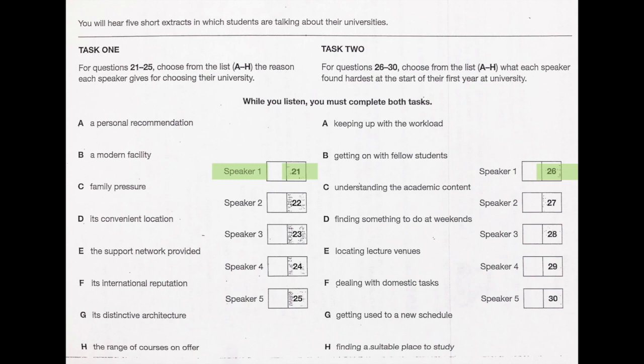And this is question 26. That's why it's called the multiple matching, just because you're doing multiple things at one time. It's a unique task, but you really need to be prepared for this one. You need to know what you're walking into. Otherwise, it can be very confusing.